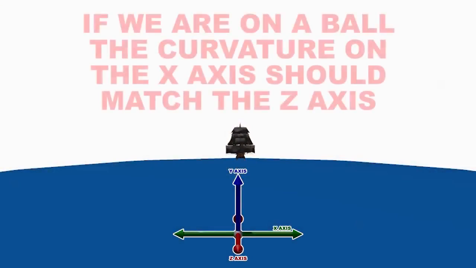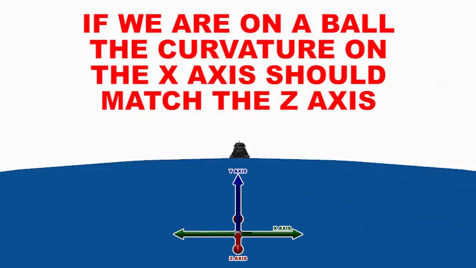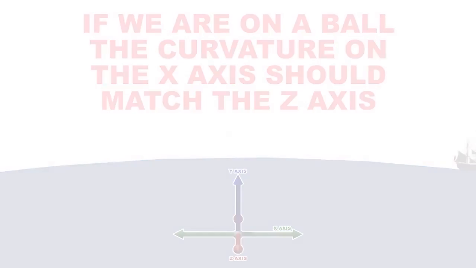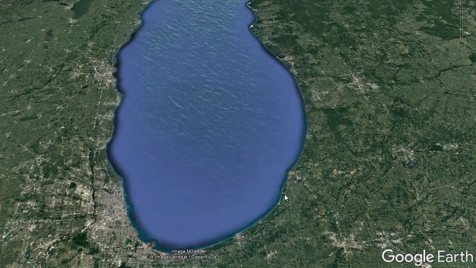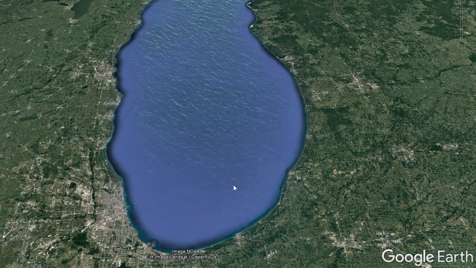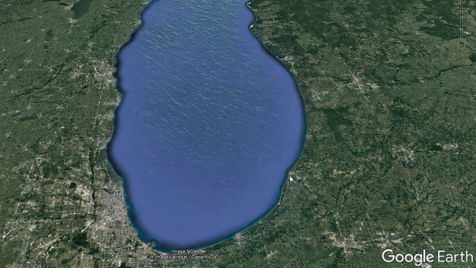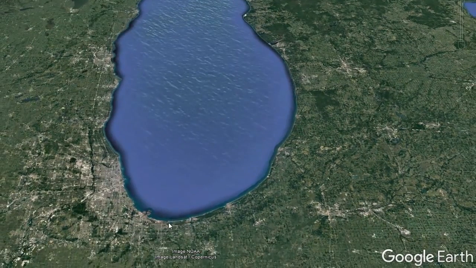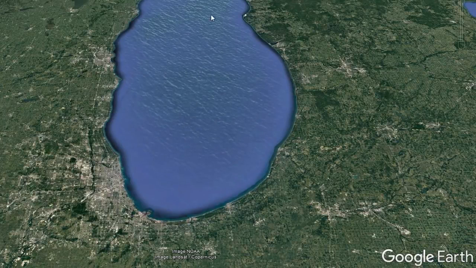You can't say ships are rolling over the ball on the z-axis without having the same exact perception on the x-axis. I was thinking about that while we were on Lake Michigan. We were on the east coast of the lake looking toward the west. And so if you're standing on the east coast looking toward the west and you claim that ships are disappearing in 3, 4, 5, 10 miles, whatever distance, then people who are standing on the southern coastline would make the same claim. If they're on the south looking toward the north, they would say the same thing.